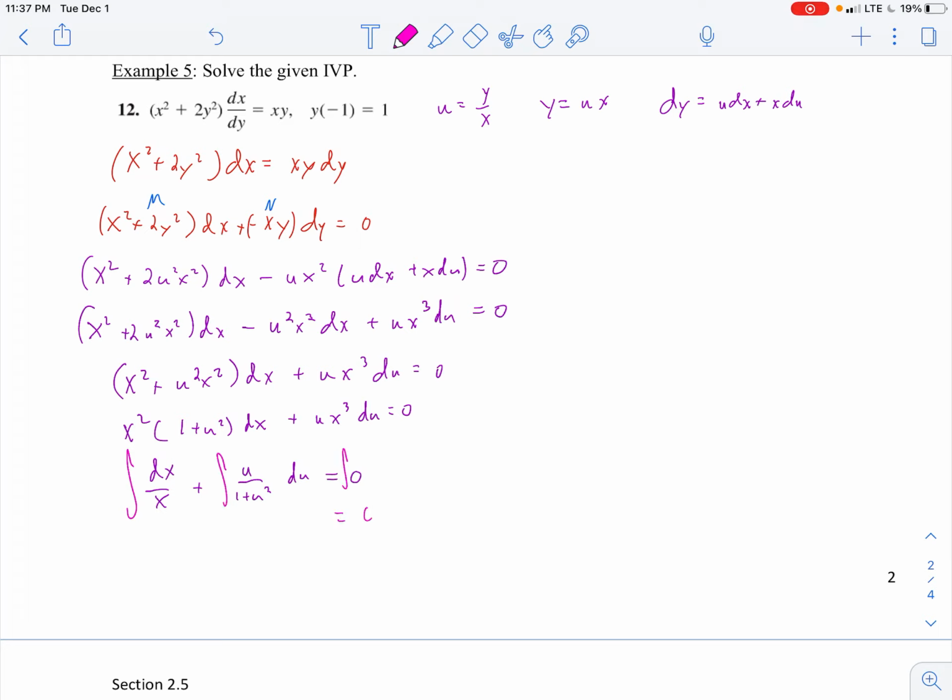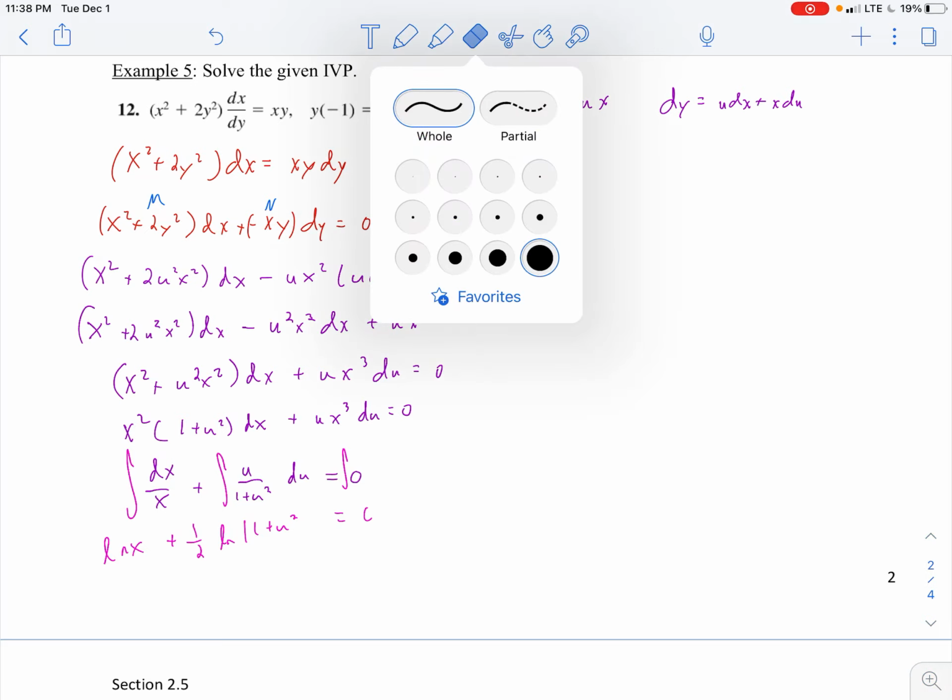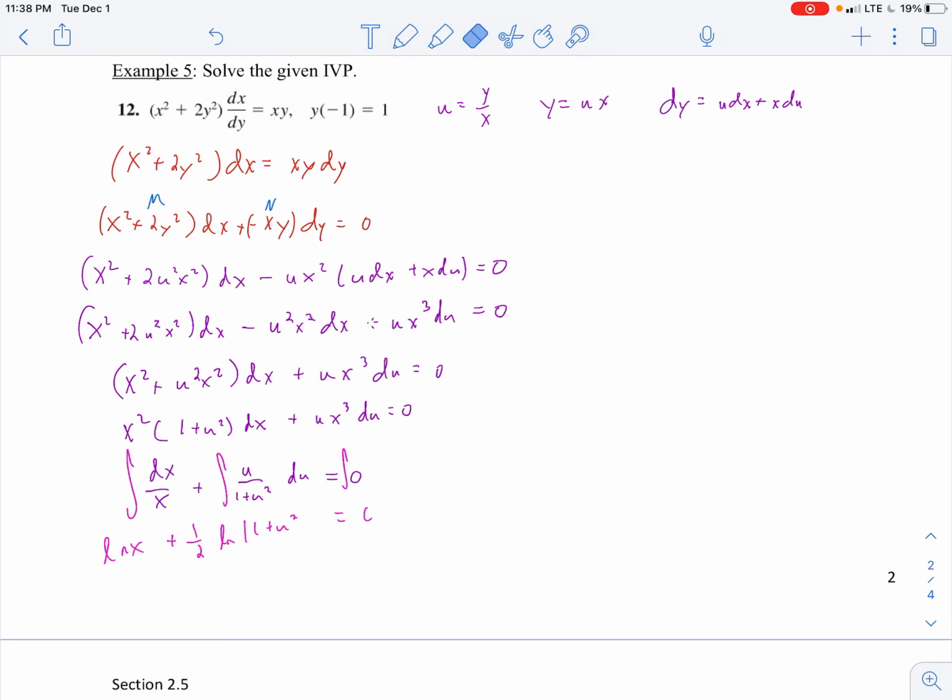The right-hand side, I'm going to be left with c. The integral of dx over x is just natural log x plus, the derivative of 1 plus u squared is 2u, so I need a 2 up there, so I need to take that 2 out with the 1/2, so natural log 1 plus u squared. One second, I've noticed one thing. I did not distribute my negative, and so that should be minus.